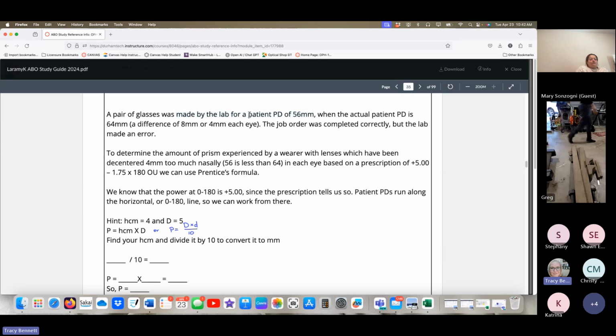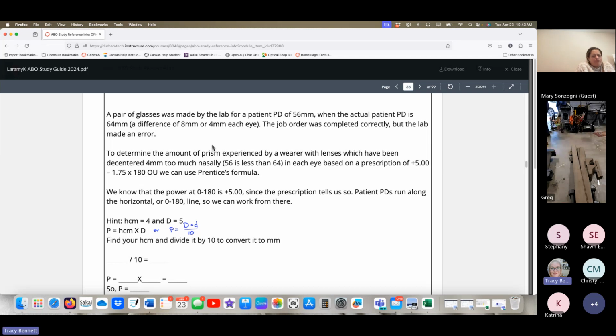So this is made for a PD of 56, but the patient's actual eyes are sitting at 64. We just subtract those two, and they've got a total difference of 8 millimeters between the eyes, or divide it by 2 to look at each eye. So we know that each eye has 4 millimeters of error.